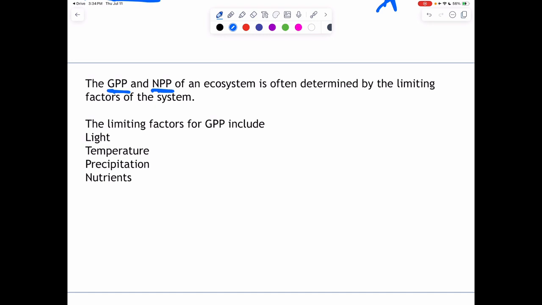Some of these factors that create it to be higher or lower, for example, are light, obviously because of photosynthesis, temperature, precipitation, again because water is important for photosynthesis, and then the nutrients in the soil. All of those create either a higher or a lower GPP and NPP.